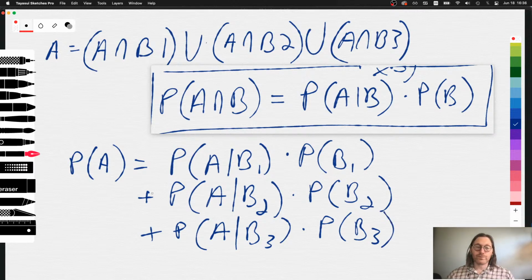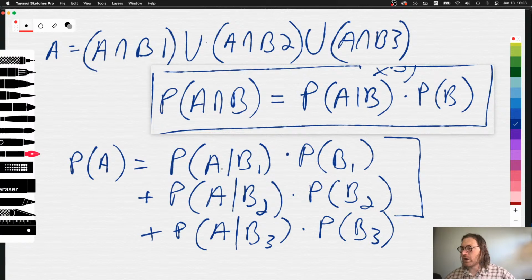We could do this with 2, 3, or 20 partitions, but this is a form that we can often work with.